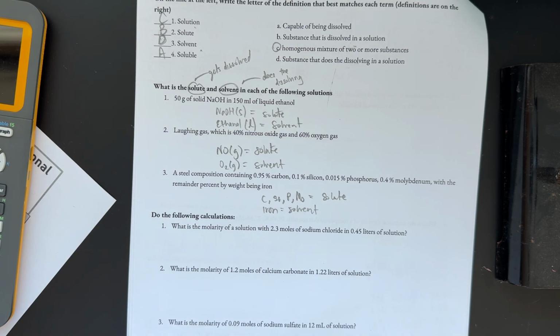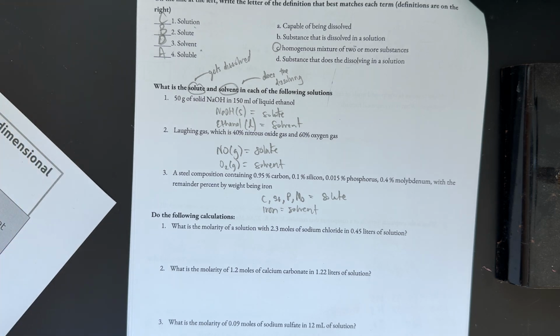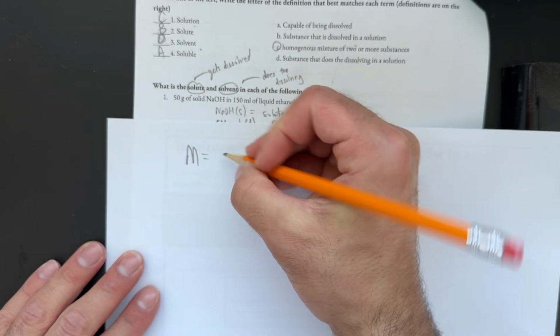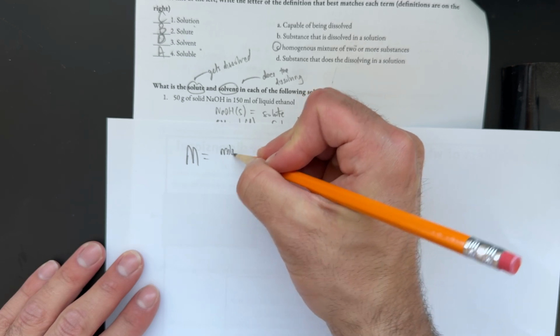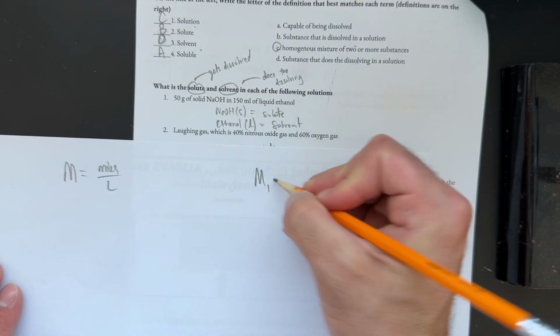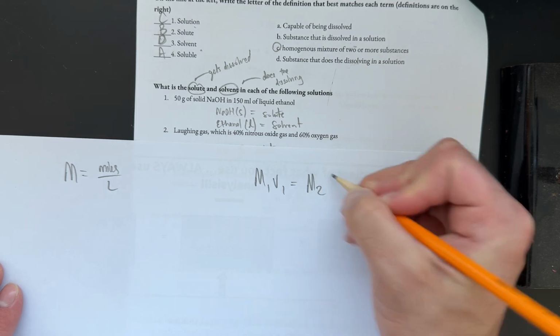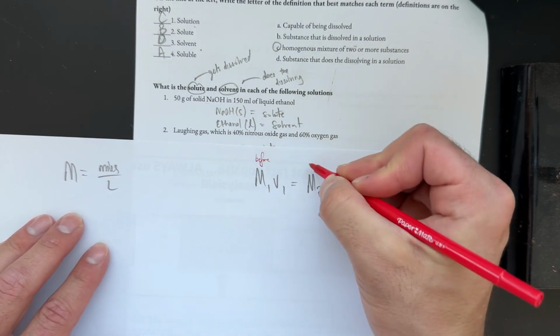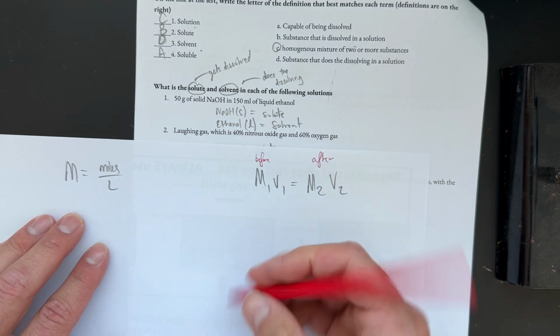Then calculations, right? The big thing with the calculations, there are two formulas that you need to know here. Molarity is equal to moles over liters, and then the dilution equation is M1V1 is equal to M2V2, where this is kind of our before, and this is our after.